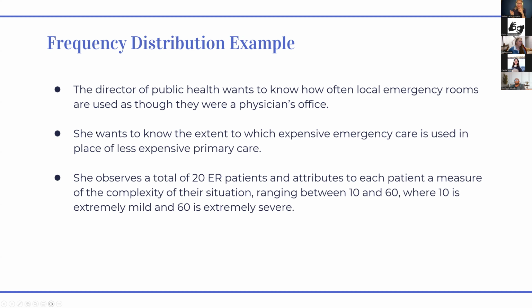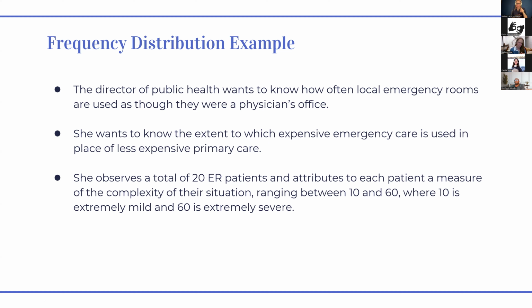It also costs more to go to ER care, right? So she wants to try to count when this ER care is used in place of primary care. So she's doing a pilot study, a small study of 20 people who've come into the ER, and she ranks the severity of their illness.